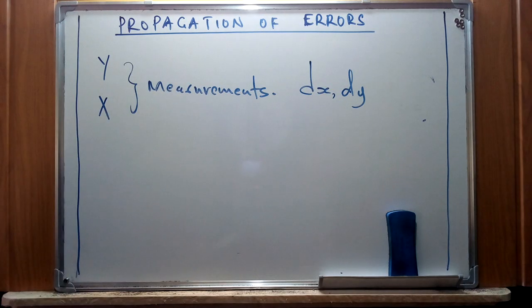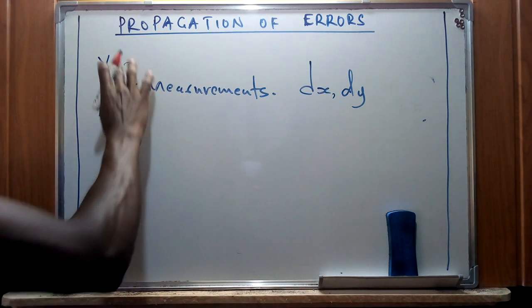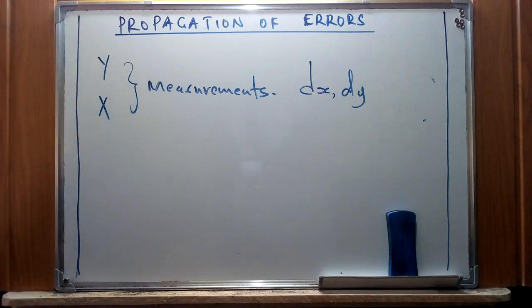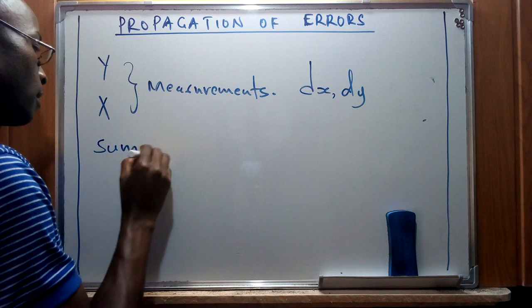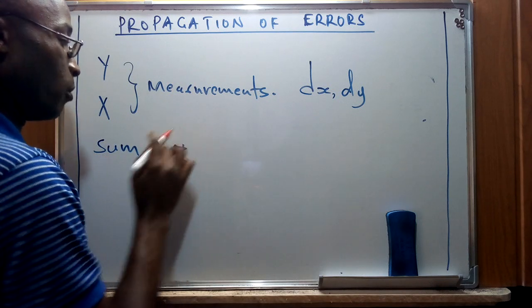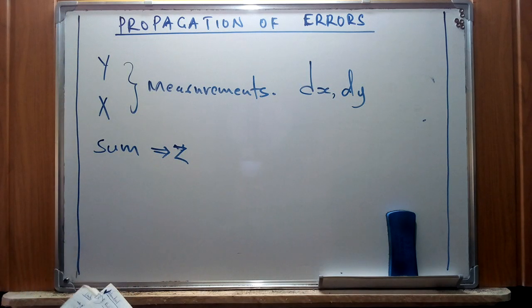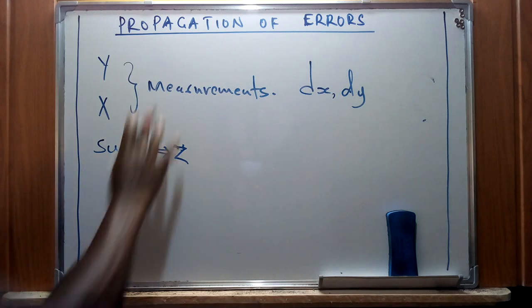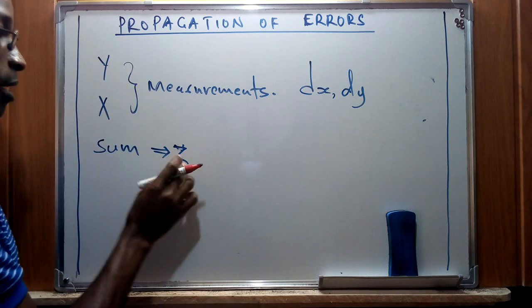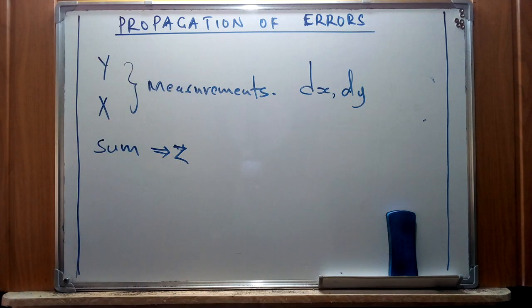Now, if the sum of those two specific individual measurements gives a result of z, therefore we are going to have three specific expressions that are going to be used to denote the individual errors in these three measurements: the first, the second, and the total result.